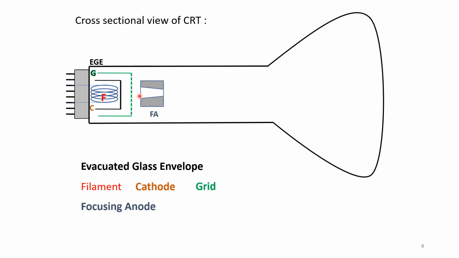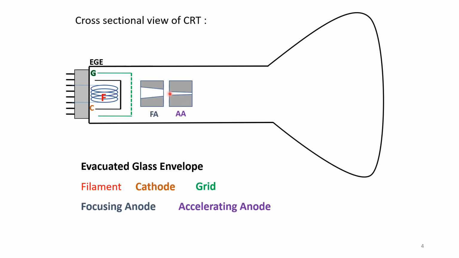Now look at this. On one side of this anode, there is a wide opening, and on the other side, it is small. It works as anode, and also it is used for the process of focusing the beam. Similarly, there is one more anode which is used for two different purposes.